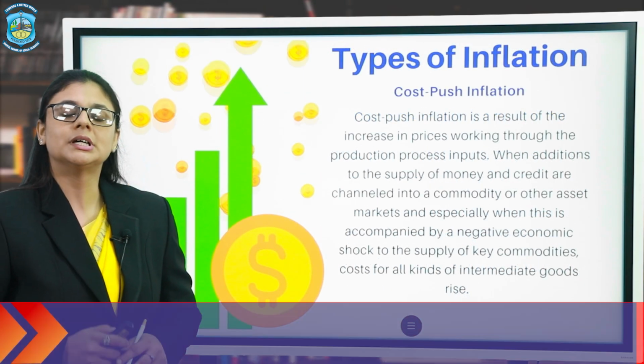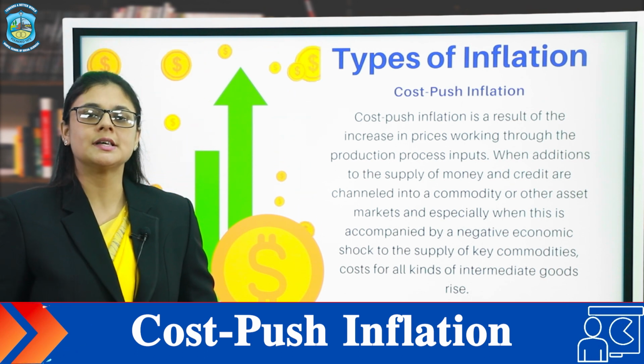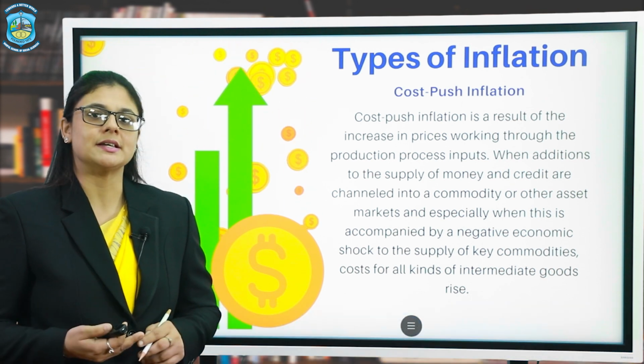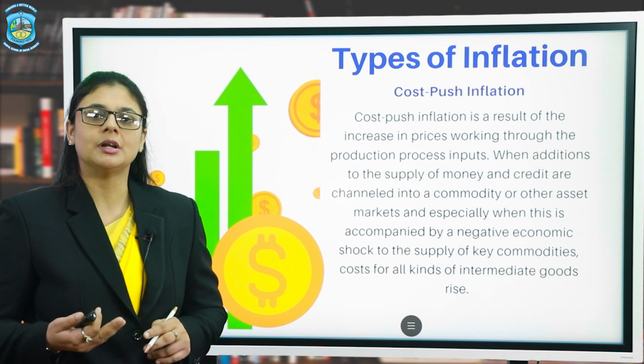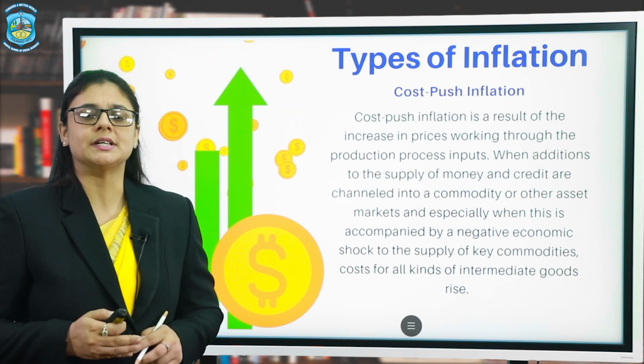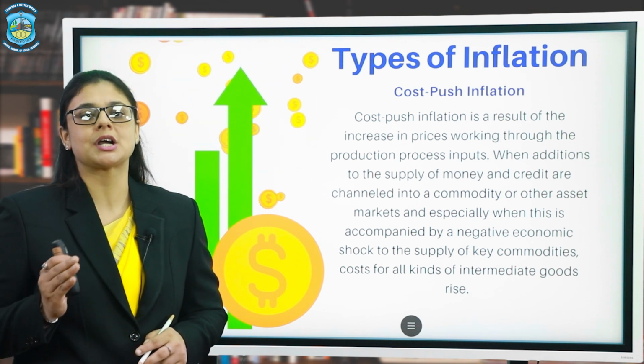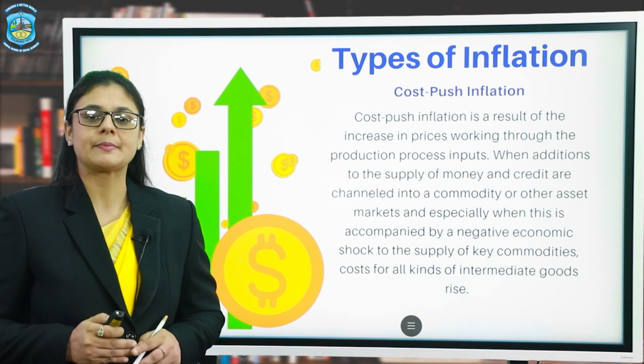Now let's talk about cost push inflation. This type of inflation occurs when there is an increase in the prices of the factors of production which are used in any production process. Cost push inflation is a result of an increase in the prices of production process inputs.